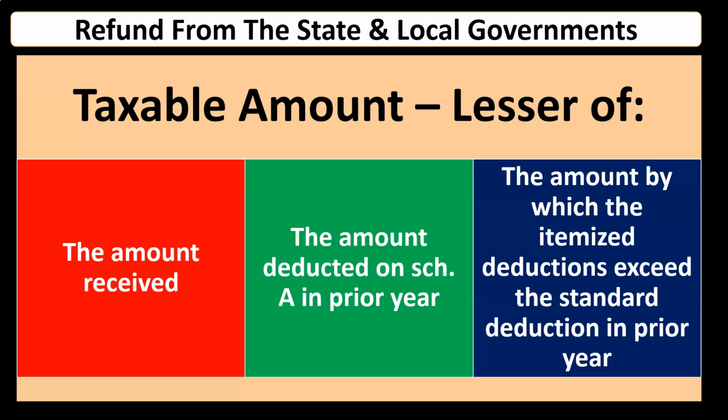They only got the benefit of the difference between the standard deduction and the itemized deduction, even though they took the entire amount for state taxes as an itemized deduction. If it just barely put them over the line in order to be able to itemize, they didn't really get the full benefit of it. And so that's going to be the process. We'll take a look at it in a little more detail as we do practice problems with it in a following presentation.